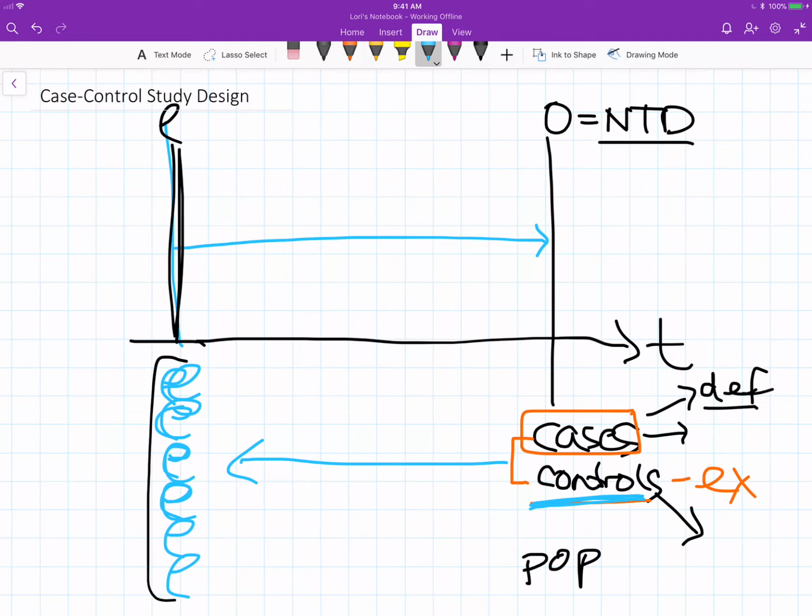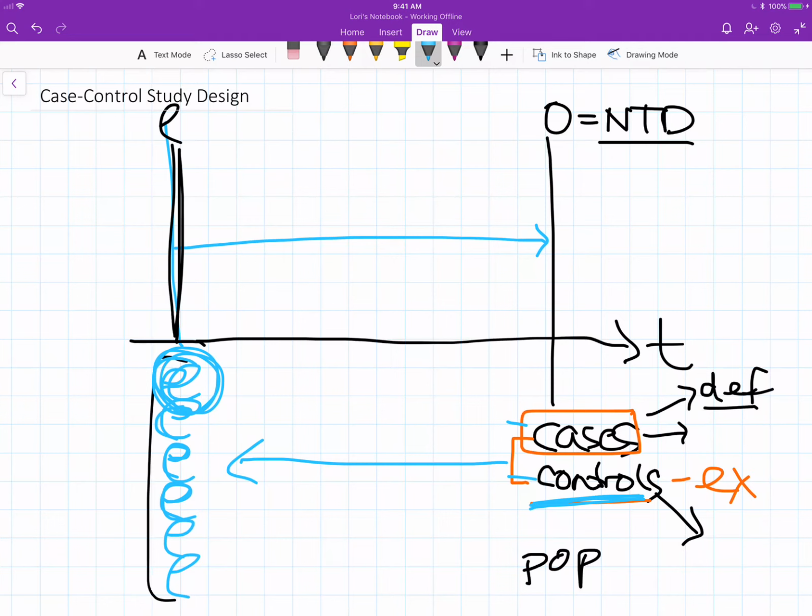And so think about it this way. If those two groups, cases and controls, are similar for every single variable except for the exposure that we find out is the important one, then what we can say is that the exposure is associated with being a case and the absence of exposure is being associated with being a control.